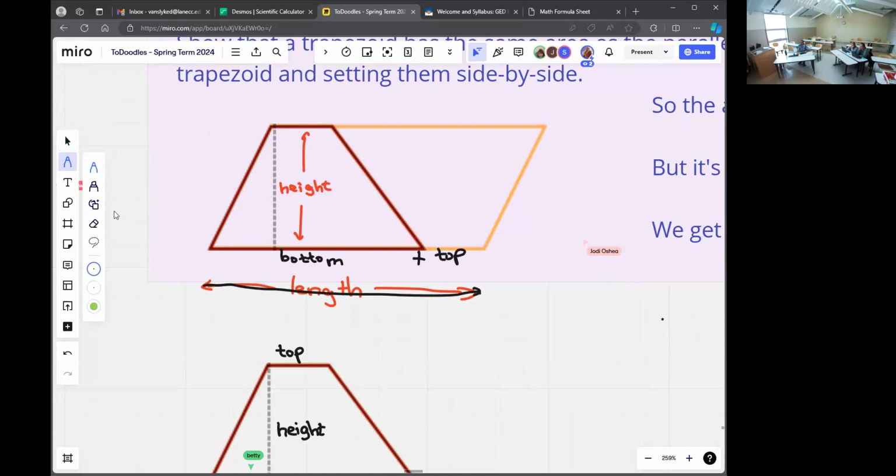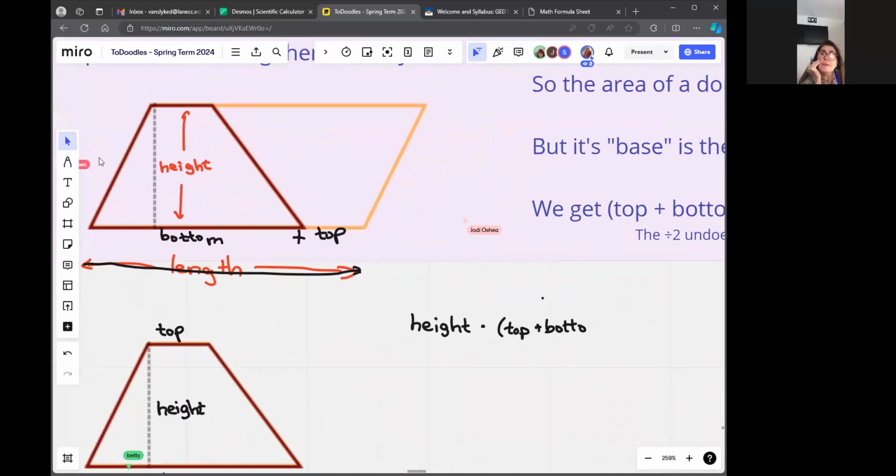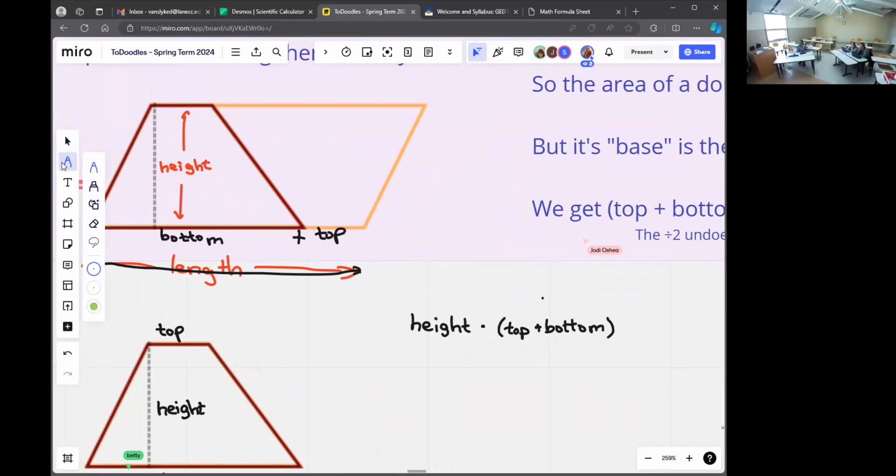So the area of my big shape here is going to be the height times the top plus the bottom. They're not going to ask you to derive the formula like this, but they're going to give you the formula, and I want you to understand where it came from.